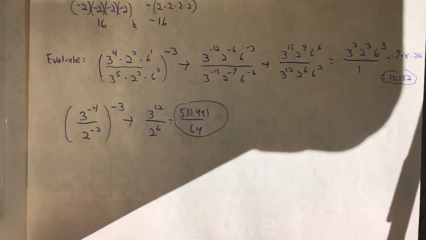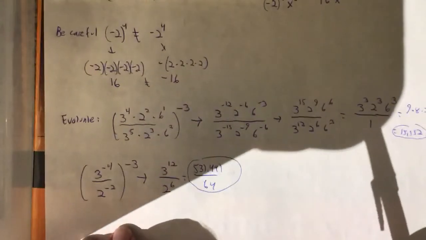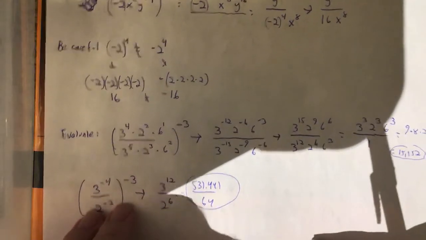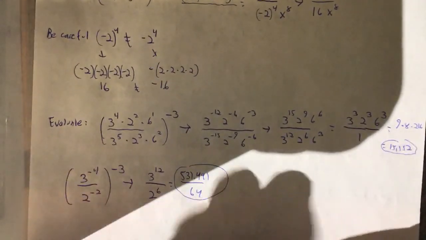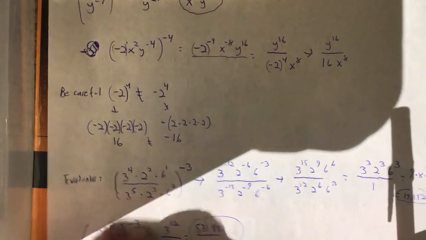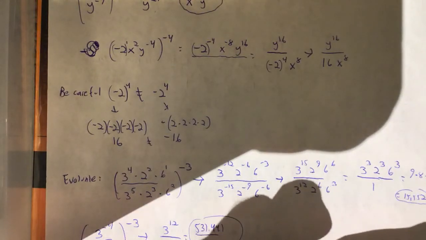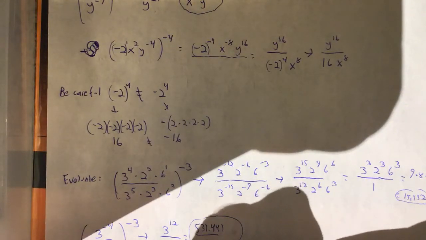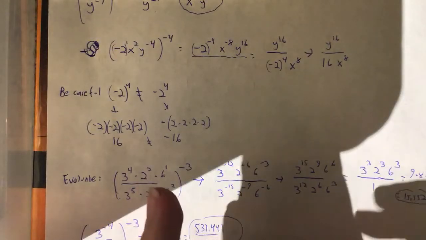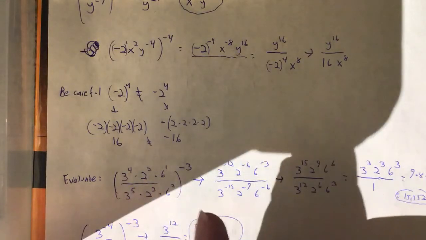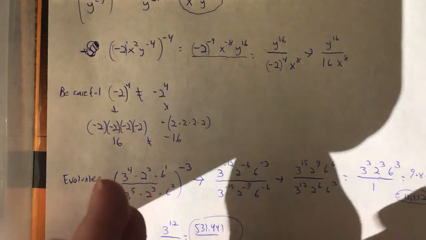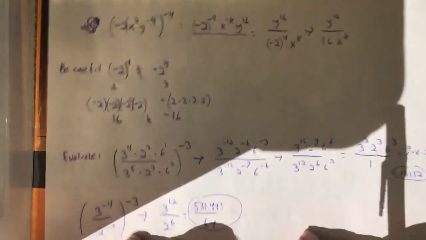You're done. So this concludes the video on properties of exponents part 2. In this video, you learned the number raised to the 0 power and a number inside the parentheses raised to another exponent, power to a power.